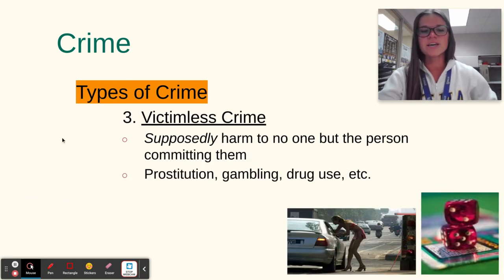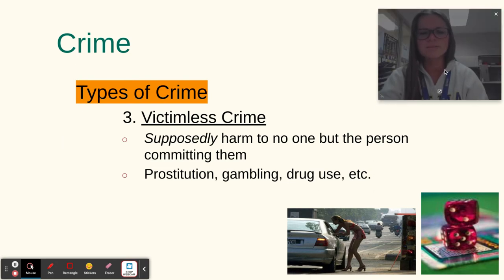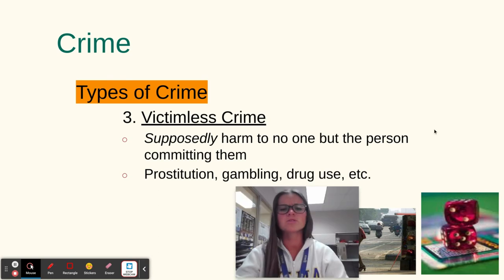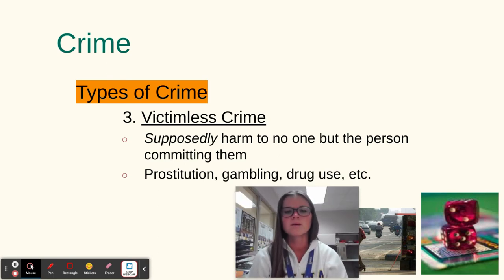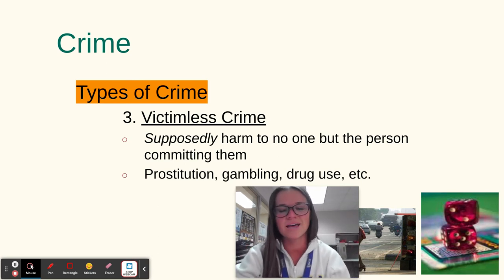Next, victimless crime. Okay, a victimless crime is supposedly harm to no one but the person committing them. Supposedly is italicized because, of course, even in these victimless crimes, people are being harmed, whether they're family members or friends taking part in it. But in terms of types of crimes, it is still referred to as a victimless crime. I'll give you some examples.